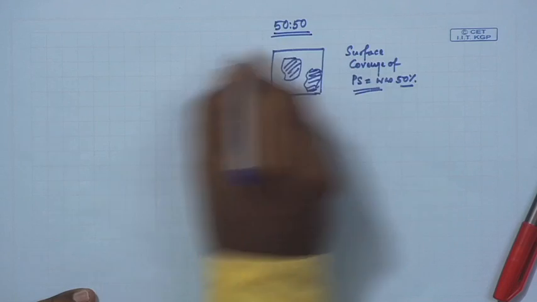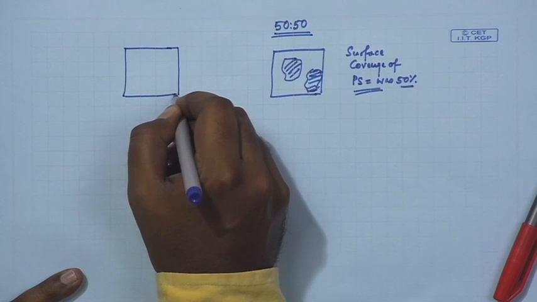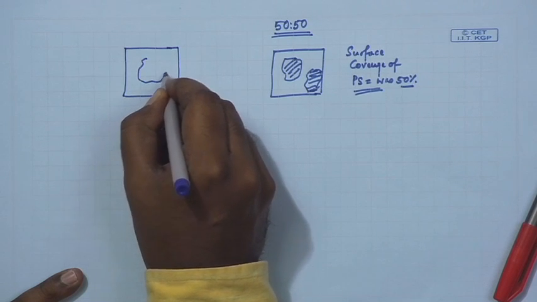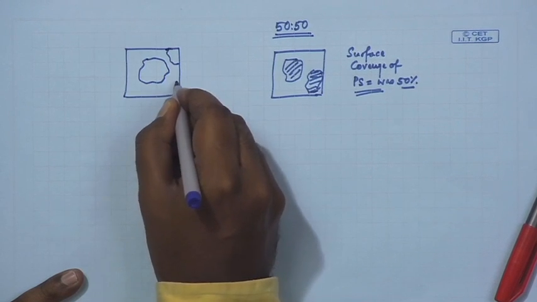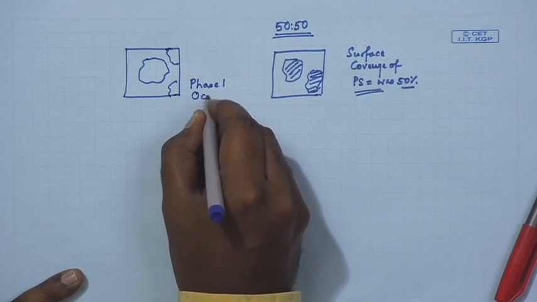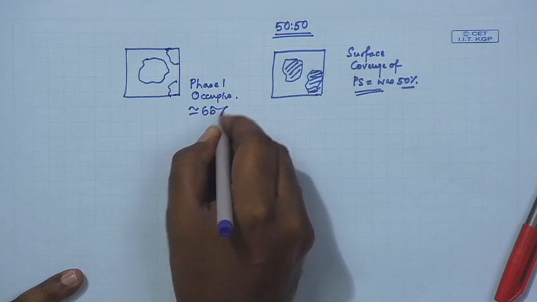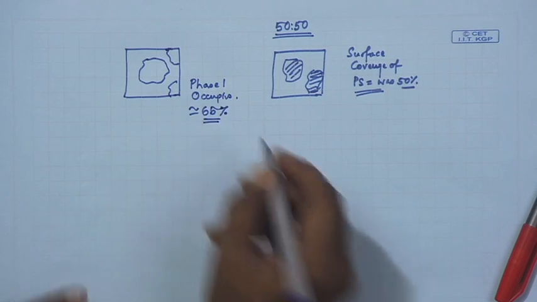In fact, it would have been very fascinating to create chemically inhomogeneous flat surfaces, but unfortunately that does not happen. Why does it not happen? The simple way of understanding it, it is not the mechanism, is that one of the phases, let us say phase 1, occupies, these are numbers I am taking to make it understandable, 65%.